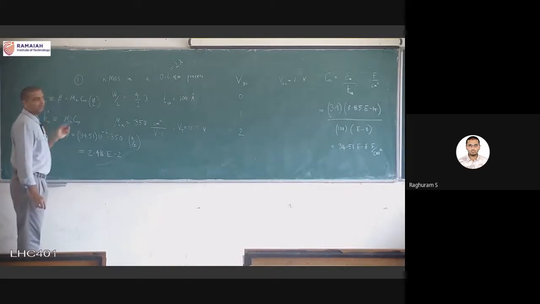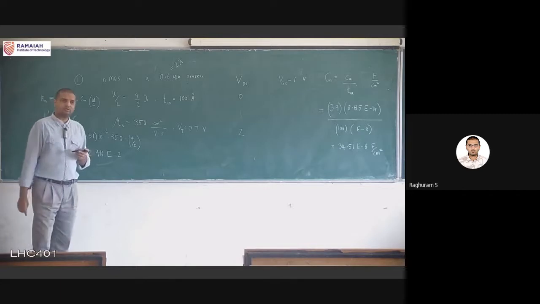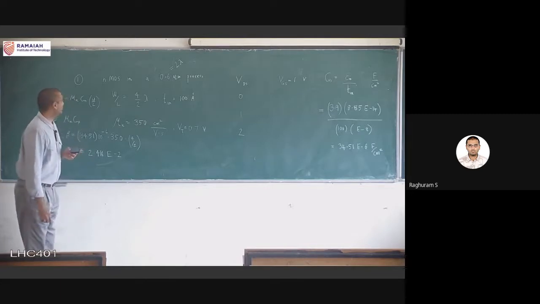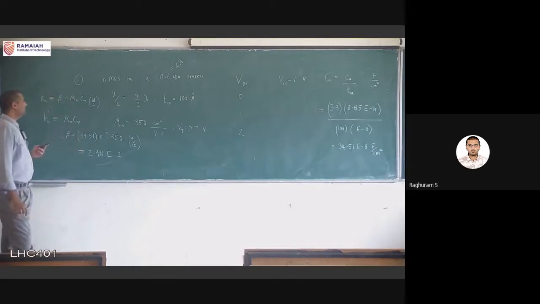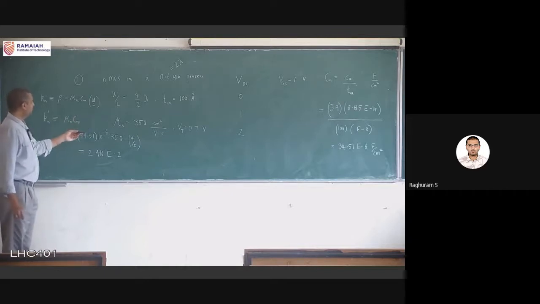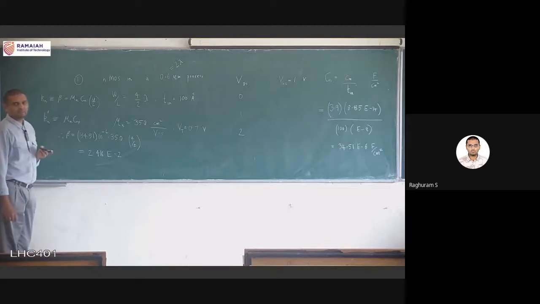Okay, and what is the unit for this constant? This is the physical constant. Definitely it has some units. Directly we can calculate the units by multiplying the units of the individual terms, farads per centimeter square, multiplied by centimeter square per volt second, multiplied by W by L. But another way to do it is rearrange.